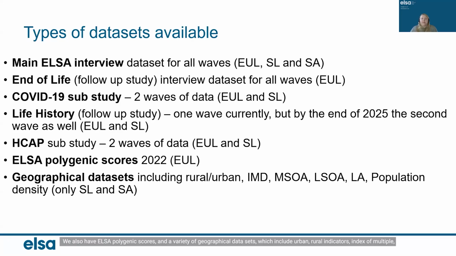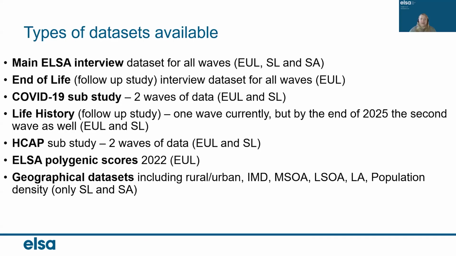We also have ELSA polygenic scores and a variety of geographical data sets, which include urban, rural indicators, index of multiple deprivations, MSOAs, LSOAs, local authority districts, population density, but these are available only at secure license and secure access.